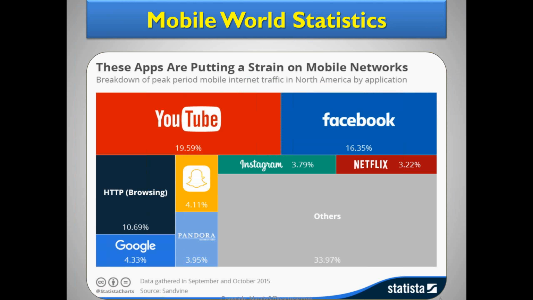Now, there are several applications that are putting a strain on mobile networks, and again, it's YouTube and Facebook. Just regular browsing when you're using the websites. Instagram, Netflix, Pandora, and of course Google.